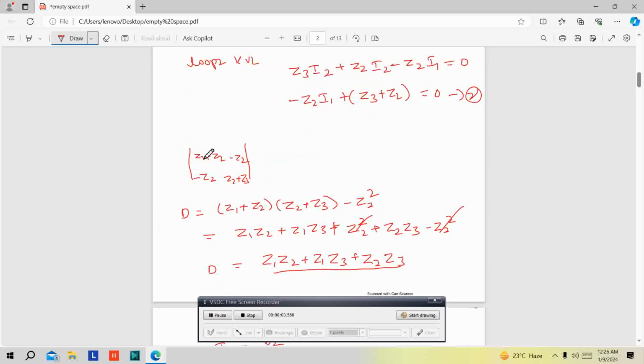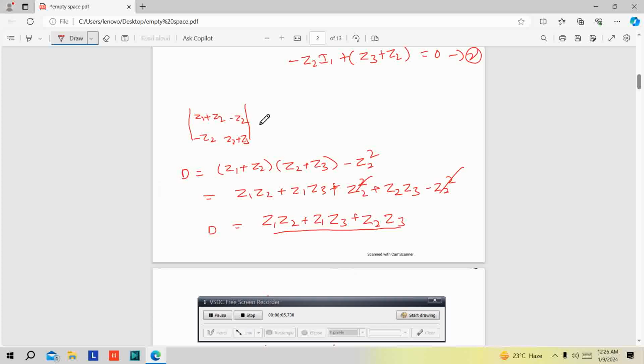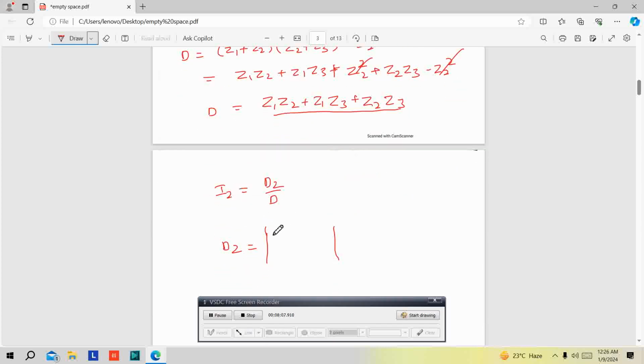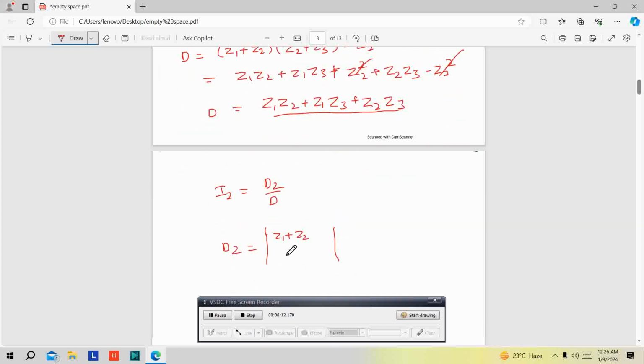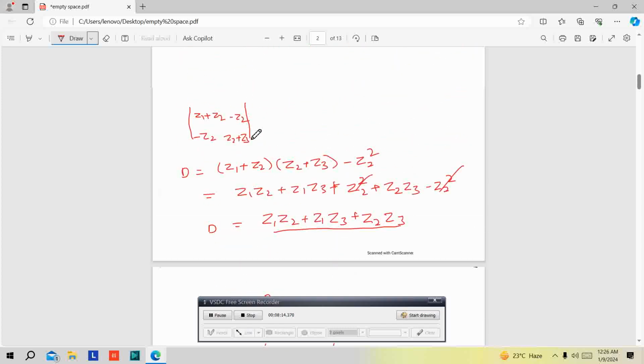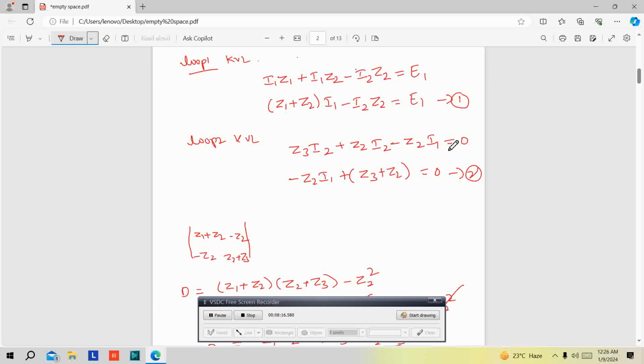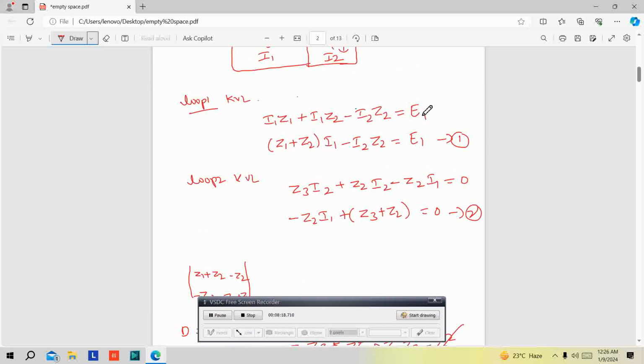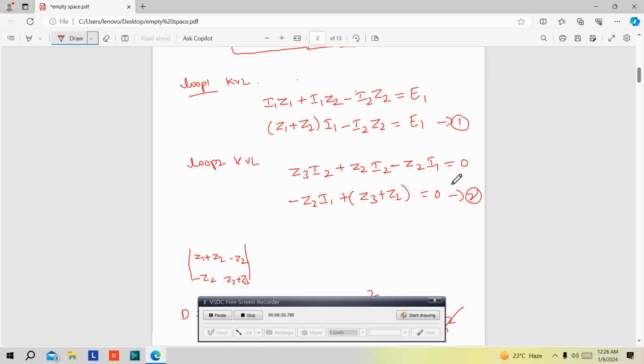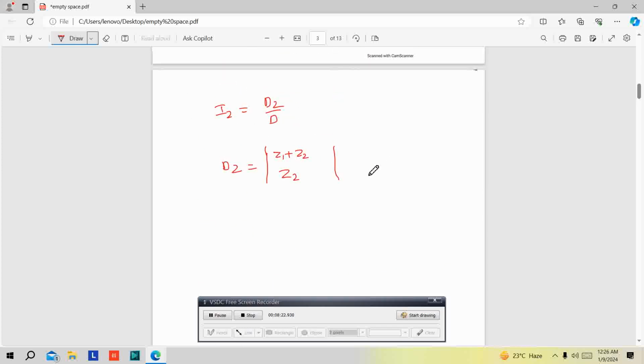Keep the first column as it is, Z1 plus Z2, Z2. The second column we need to replace with the coefficients E1 and 0. So this is E1 and this is 0. This is D2.